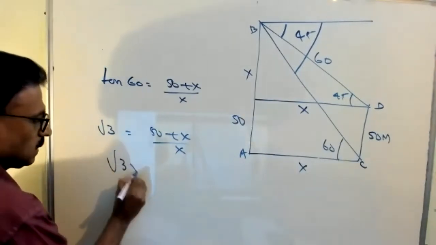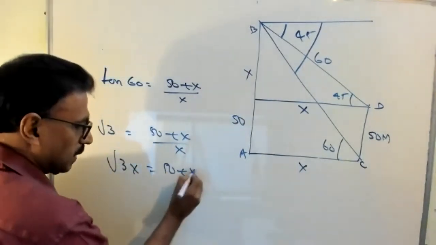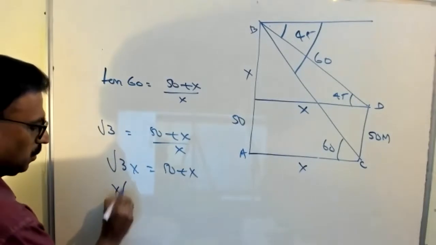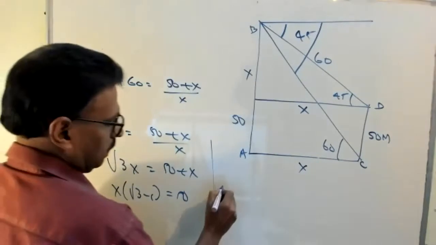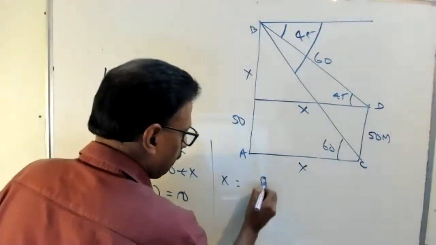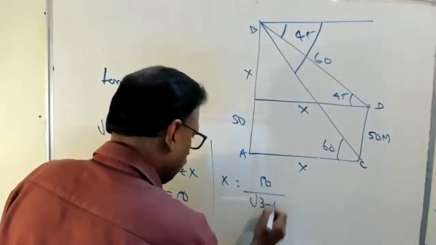Root 3x equal to 50 plus x. x into root 3 minus 1 equal to 50. Rationalizing, x equal to 50 divided by root 3 minus 1.